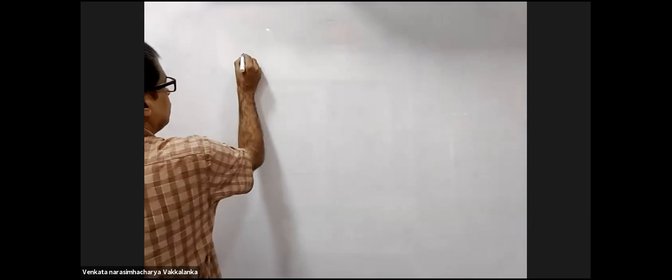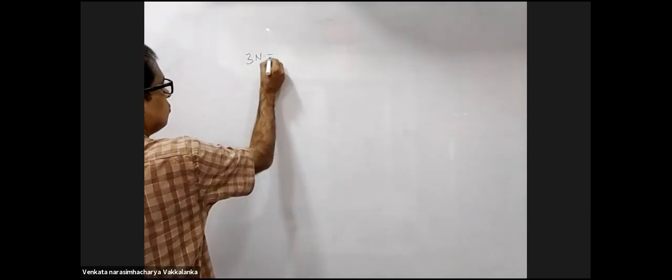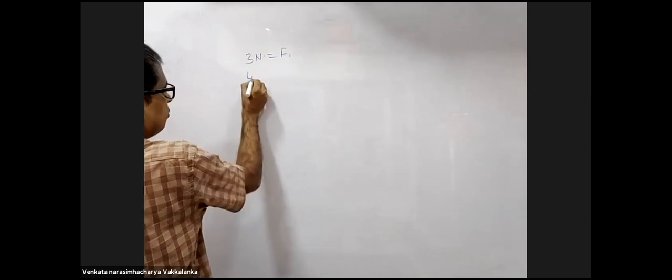Listen to two things that you will have to get accustomed to here. If I give you two vectors and I ask what is the minimum and maximum resultant I can have from these two vectors. Suppose one force is 3 Newton and another force is 4 Newton.